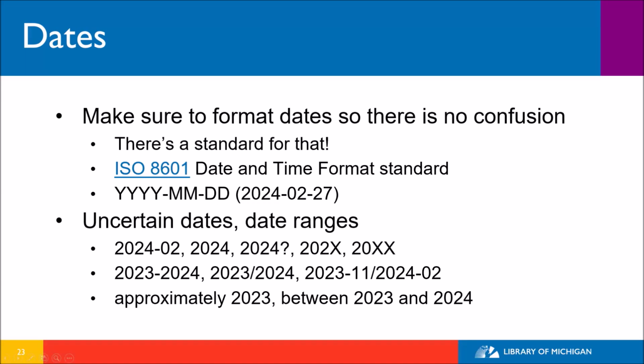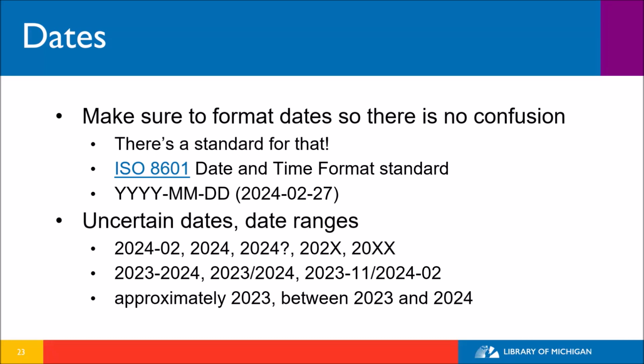Now, if you're lucky, your photograph or letter has the date written on it, but we know, having worked with archival materials for so long, that we're not always so lucky. So often we have to work with a lot less, and there are ways to show that in the metadata.